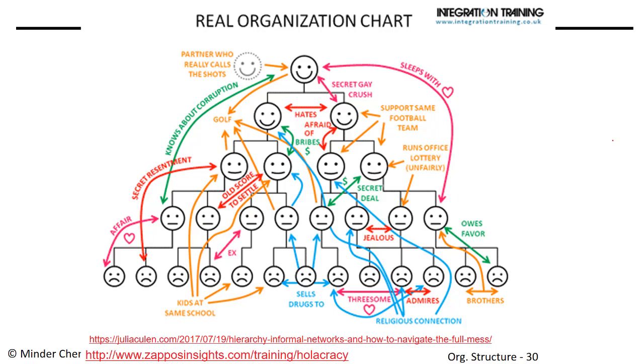It's interesting to see what's going on within the organization, something you may not even know. For instance, even at our school, sometimes colleagues have kids who go to the same school, so they may have a little bit more communication or connection with each other, although they don't have a direct reporting structure.